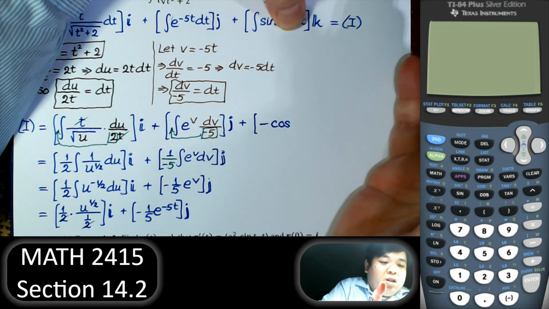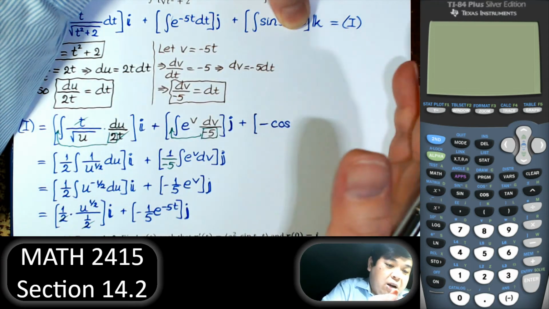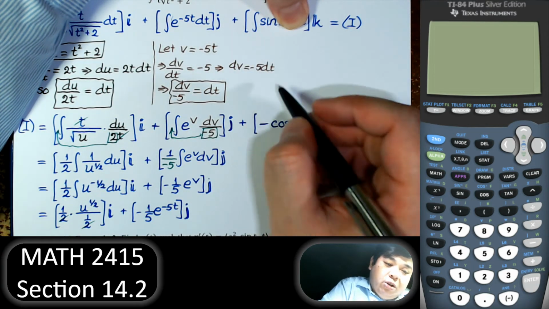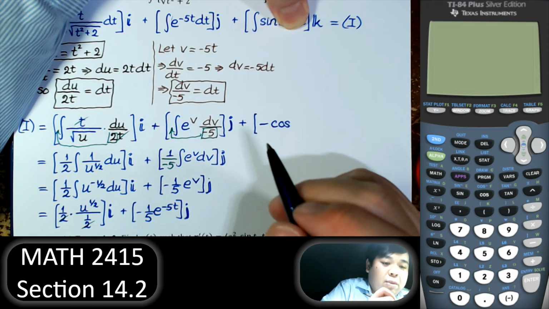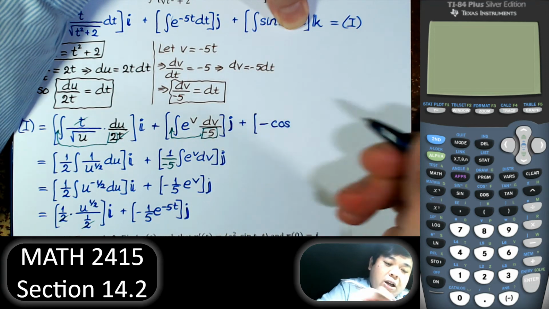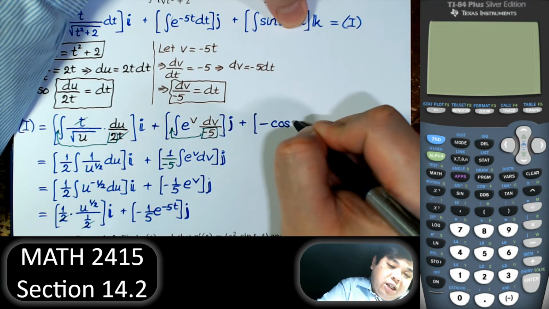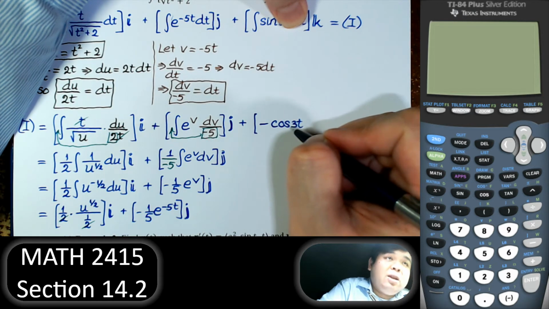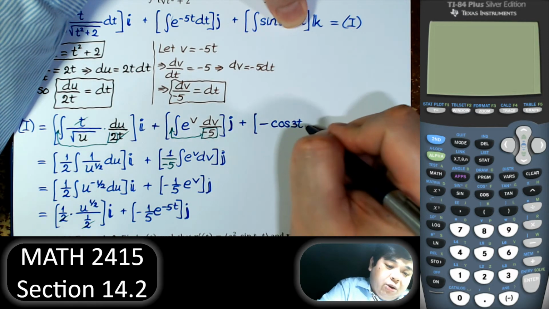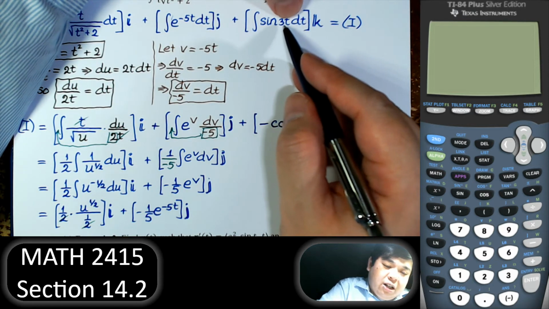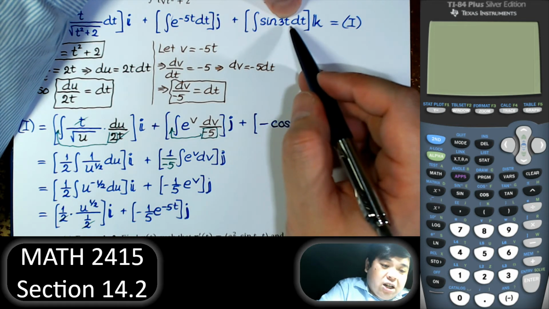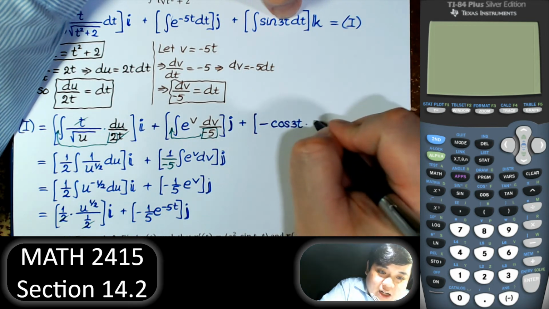We could use the substitution like we just did, but I'm just skip that. So it's going to be cosine. The integral of sine is negative cosine. In this case we have 3t, right? And then for integral of a linear function, like a constant time t, we're going to divide by that constant.